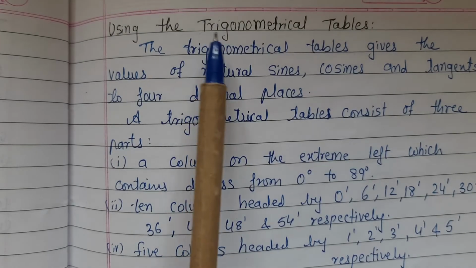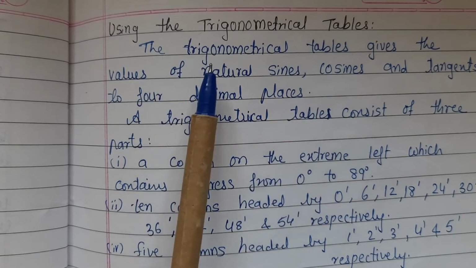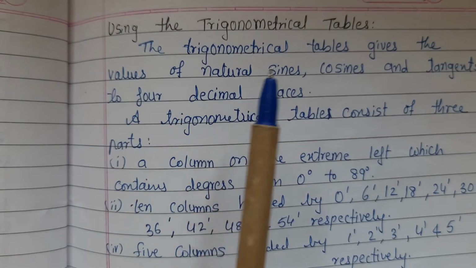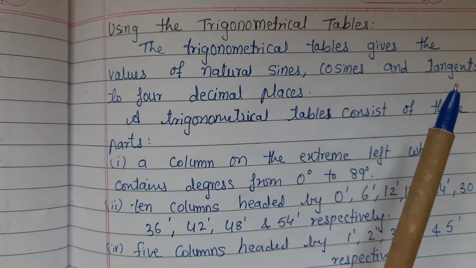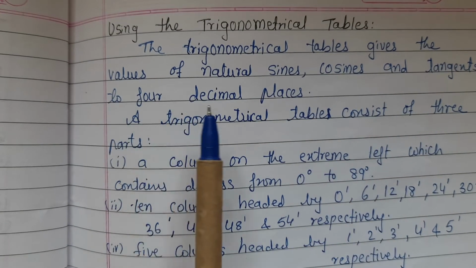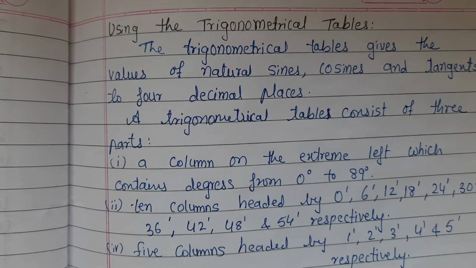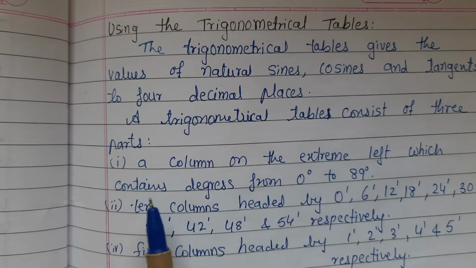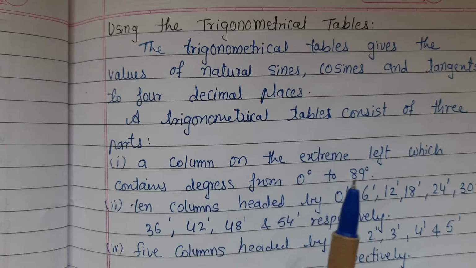The trigonometrical tables give the values of natural sine, cosine and tangent up to 4 decimal places. A trigonometrical table consists of 3 parts. First part, a column on the extreme left which contains degrees from 0 degree to 89 degree.